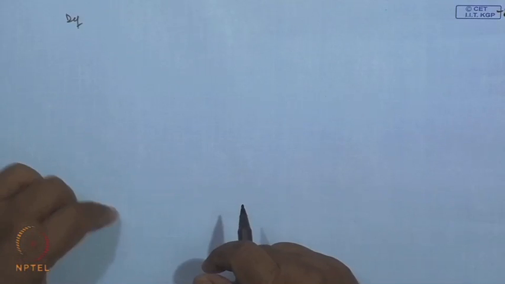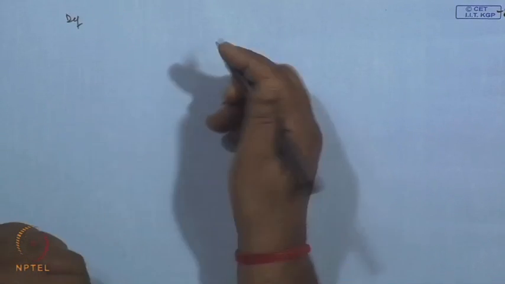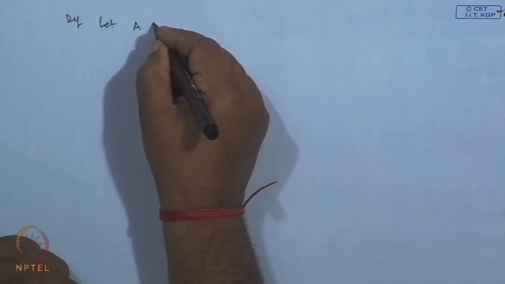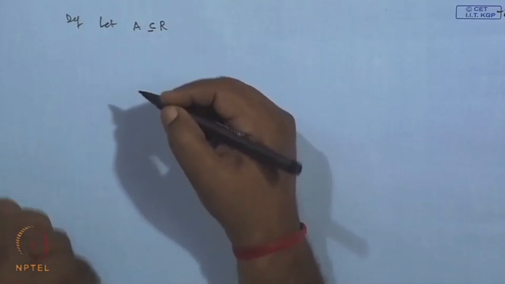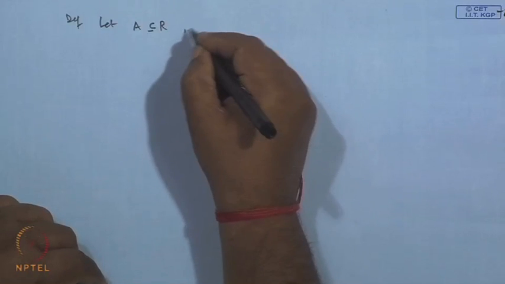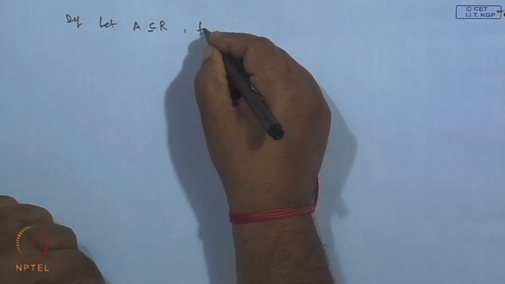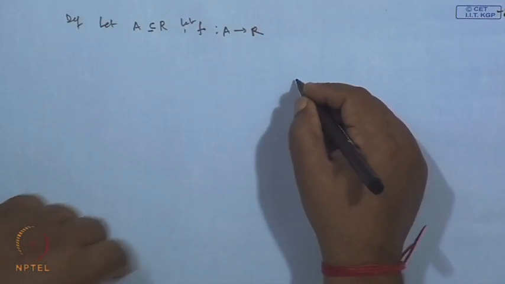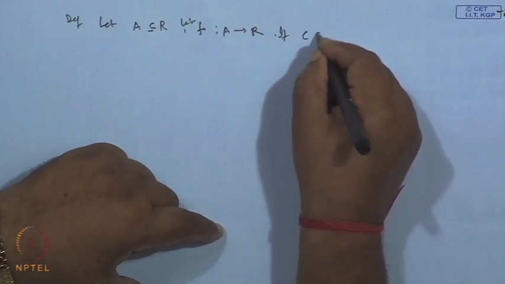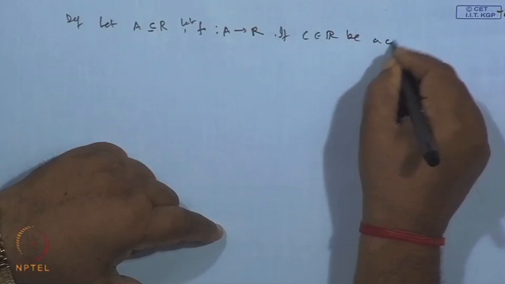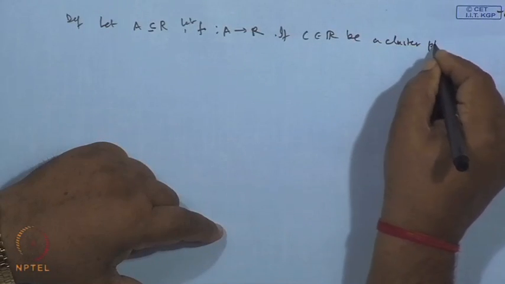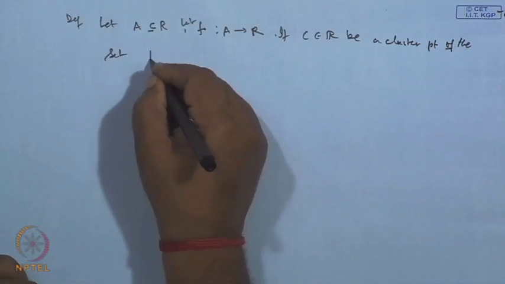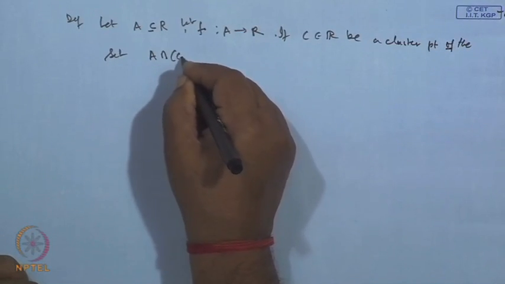Now, the one sided limit definition: let A be a subset of R, let f be a mapping from A to R, and let c belonging to R be a cluster point of the set A intersection (c, infinity).